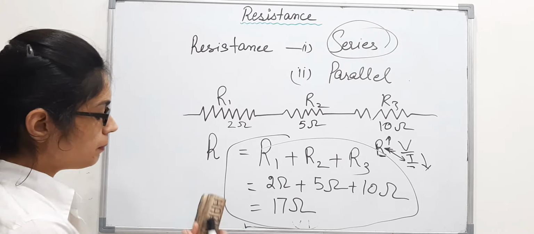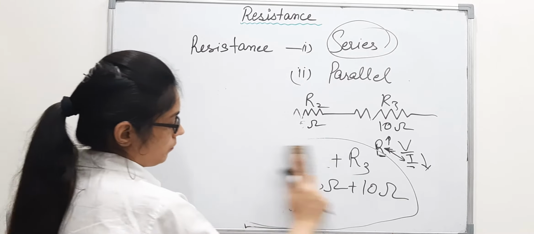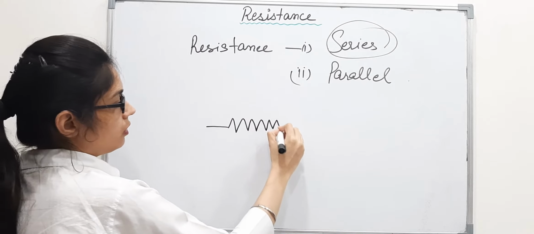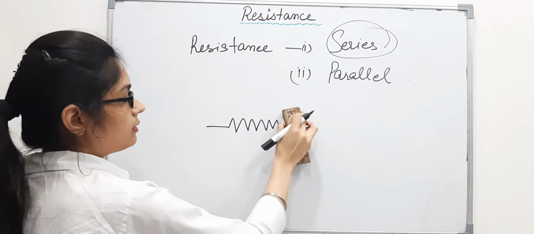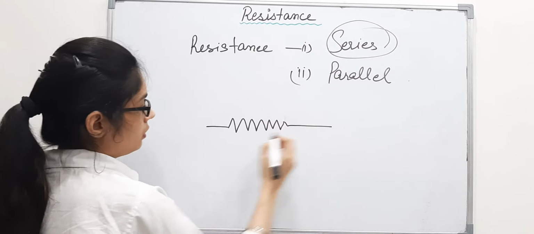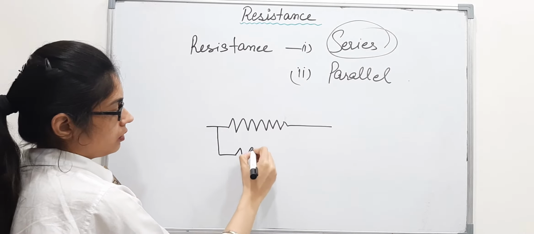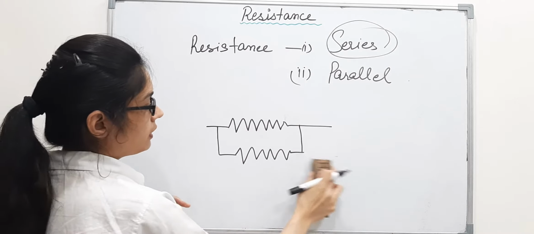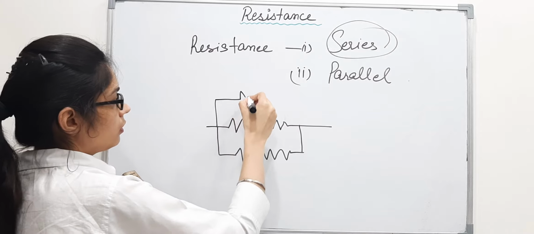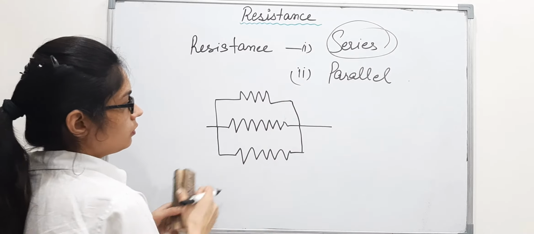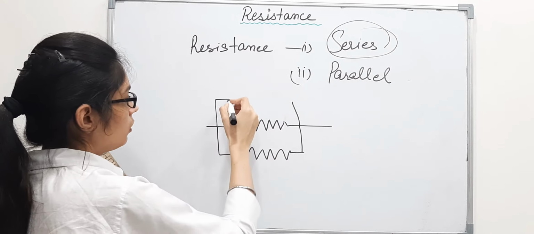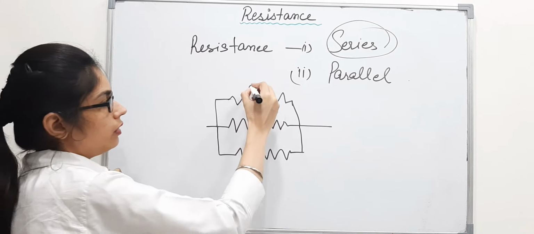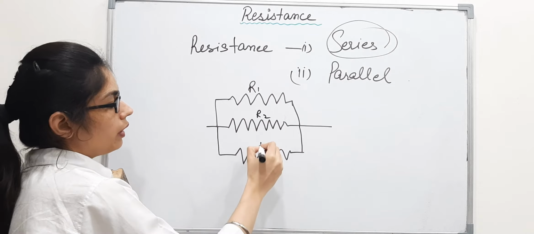Now let's discuss parallel combination. In parallel combination, all the resistances are parallel to each other. You can see this arrangement. So this you can draw. When the resistances are connected in this way, we can name them R1, R2, R3.